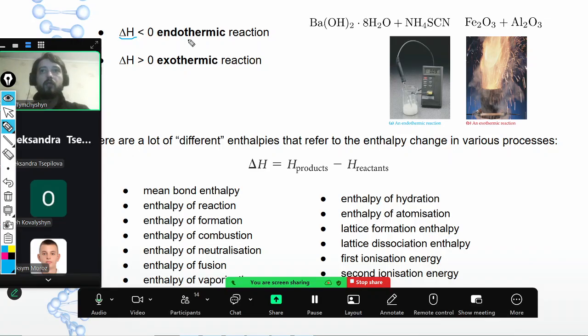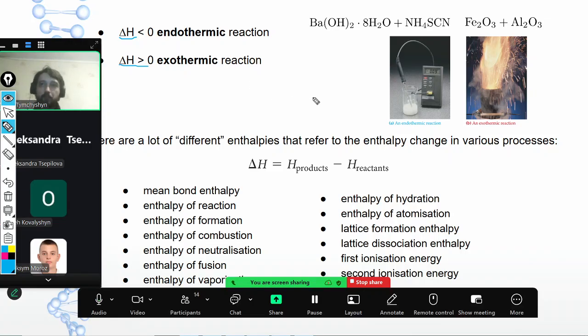So this reaction will need some supply of heat from the environment. If we get something greater than 0, this is an exothermic reaction, and we probably will generate some heat during the reaction.